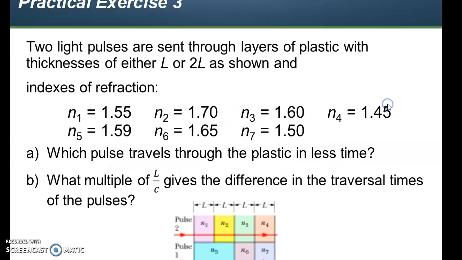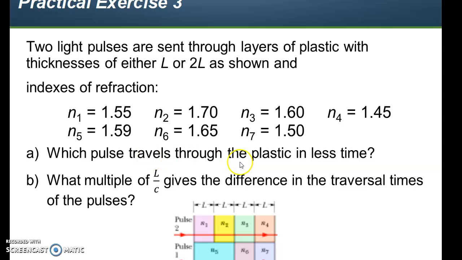Continuing on, practical exercise number 3, and this is problem number 8. This is the one where I had quite a few changes from them. 2 light pulses are sent through layers of plastic. Here you've got 4 layers of plastic with these 4 different indices of refraction. Here you have 3 layers, but this one is twice as thick for this refractive index of 1.59, and these are the refractive indices of the other ones.